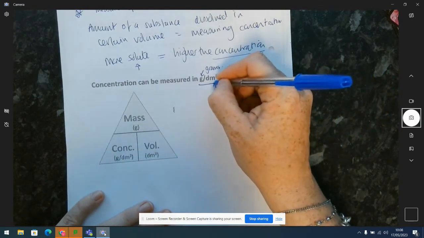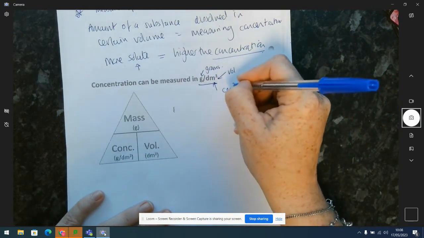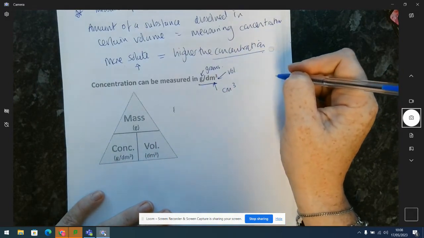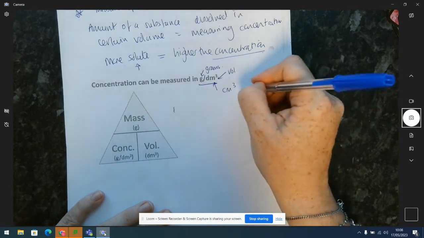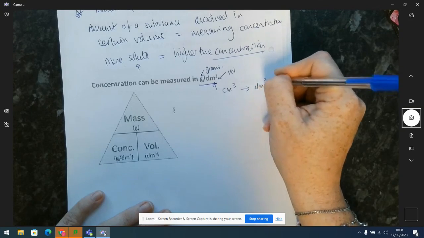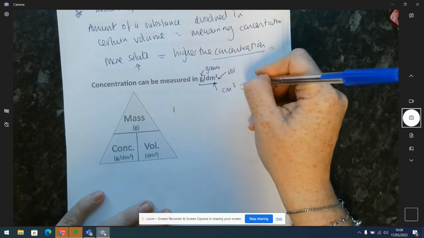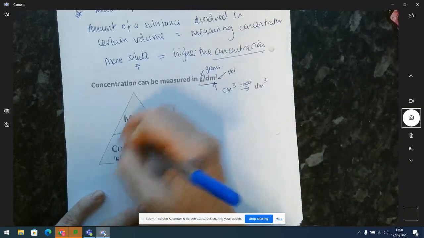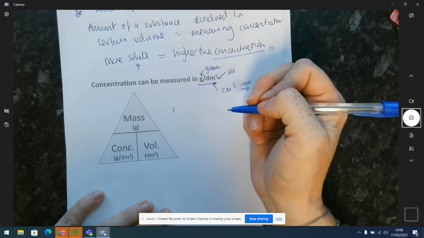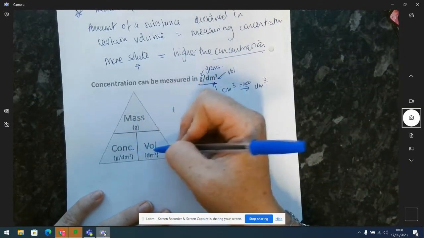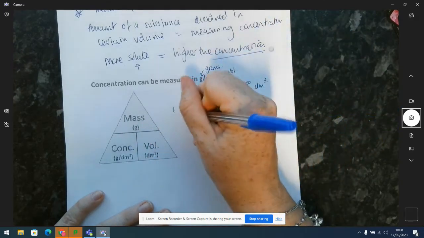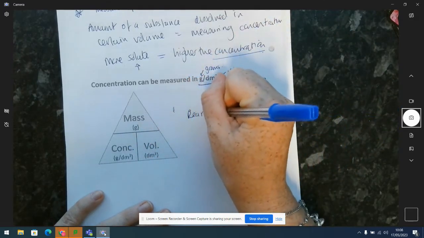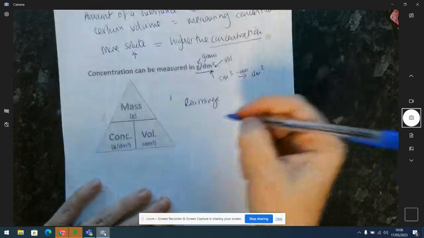Just to remind you about conversions, sometimes they give you the volumes in centimeters cubed. To convert into decimeters cubed, we divide by 1000. Keep that in the back of your heads. You can see I've got my triangle here with my calculation, which is mass, concentration, and volume. Let's rearrange the calculation.